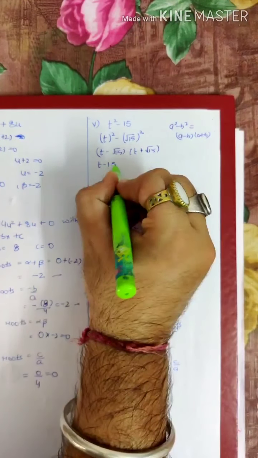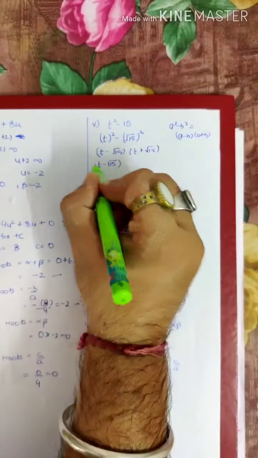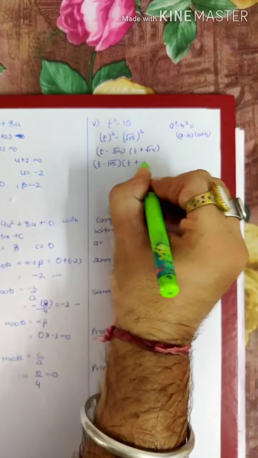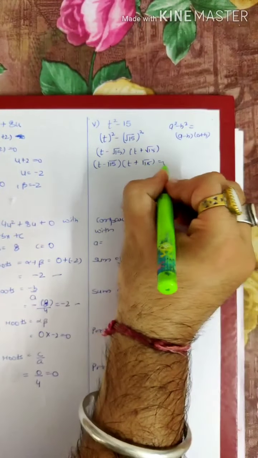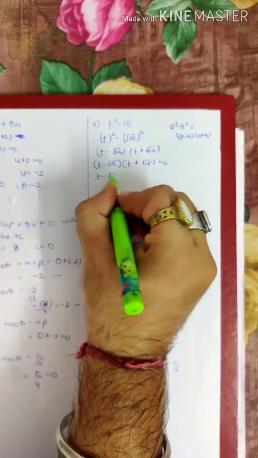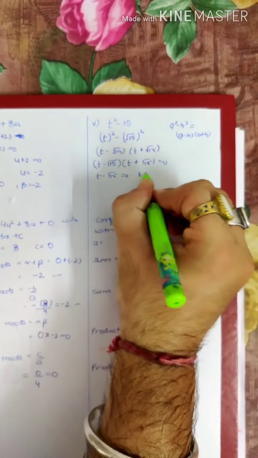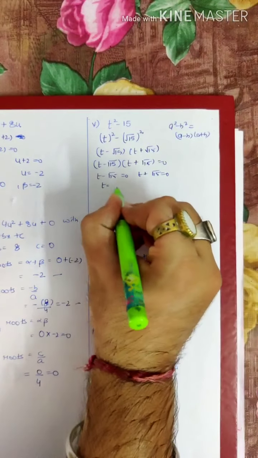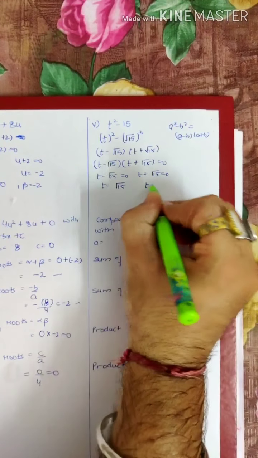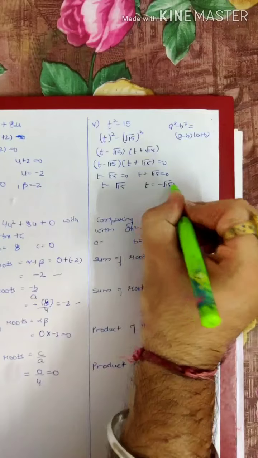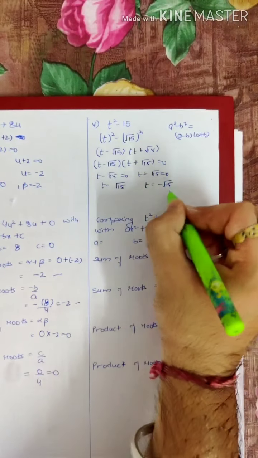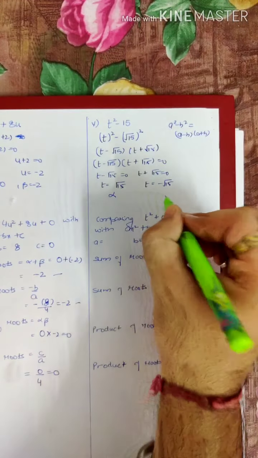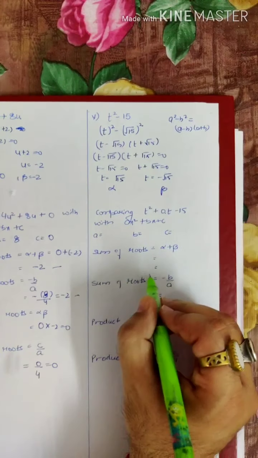Now putting these factors equal to 0, either t minus root 15 is equal to 0 or t plus root 15 is equal to 0. You'll get t as plus root 15, and from here you'll get t as minus root 15. Let us say this is your alpha and this is your beta.